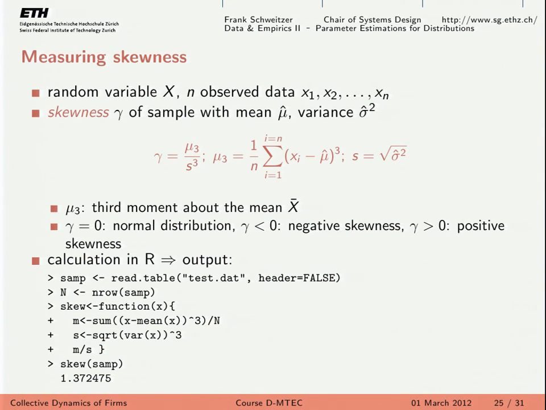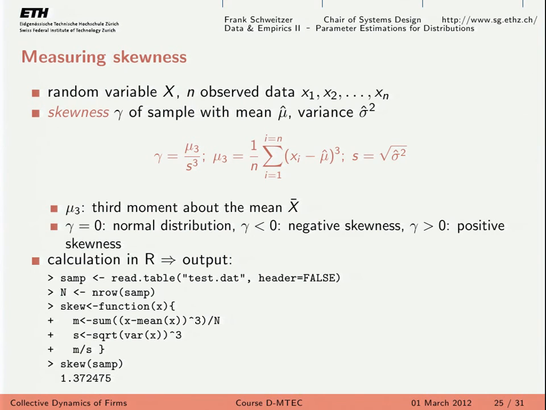The sigma is just the square root of our observed variance. This was the observed variance. And we have to take the third power of this, and the mu was given here by the mean.